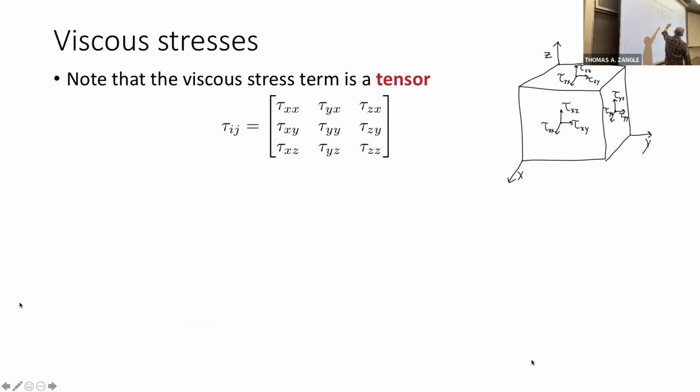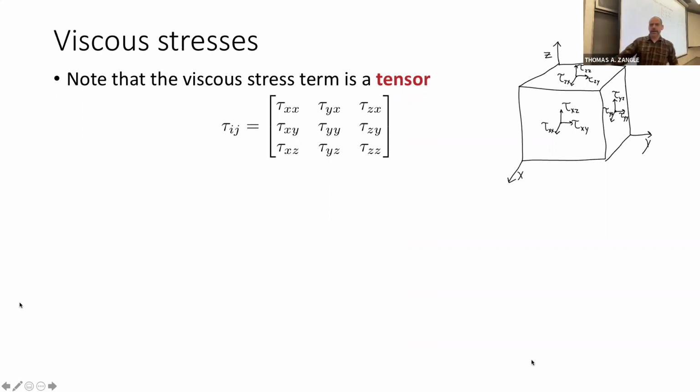I really just want you to see this concept because it's a little bit illuminating as to what a vector is, so that should you see something like this in the future, you kind of know where to turn. But the idea is that this tau ij is a way of keeping track of all the different directions and orientations in which we can have a shear force applied to the fluid.